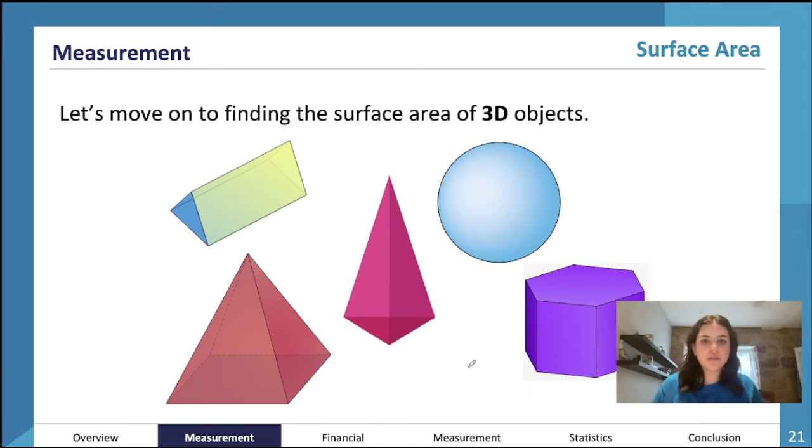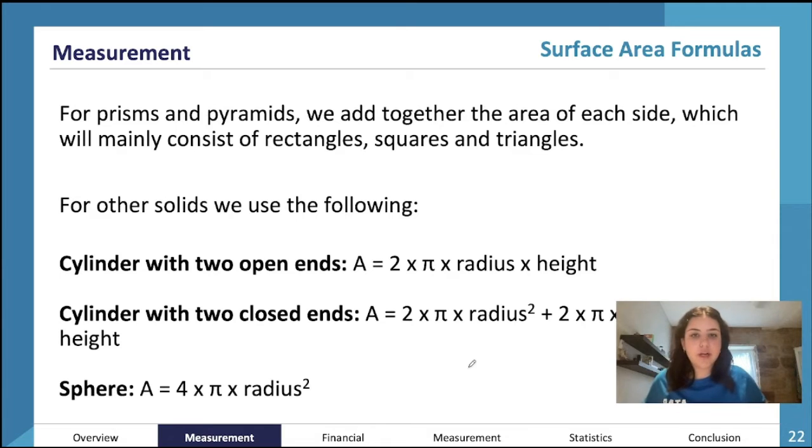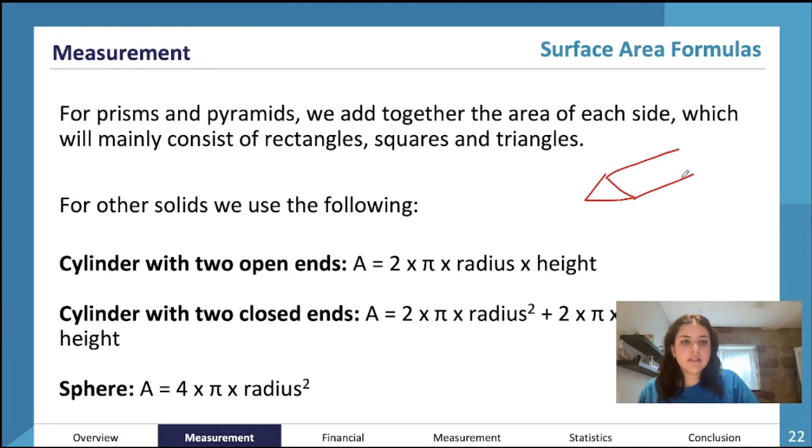Okay, so we're going to move on to finding the surface area of 3D objects. So for prisms and pyramids, we add together the area of each side because these are mainly rectangles, squares, and triangles. So if we have a triangular prism that looks like this, well, that's not too bad of a drawing, you would have 3 rectangular sides and 2 triangular sides, right?